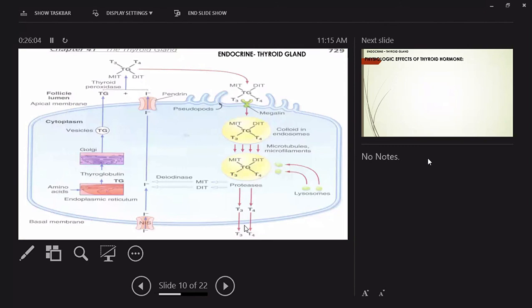Your T3 and T4 is released to the outside. Okay. What else?